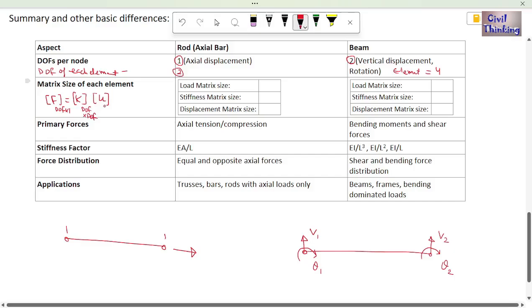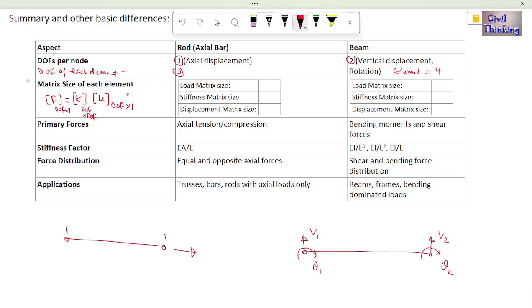And for the displacement matrix, the order is degree of freedom times 1. I have also made a video lecture on this, you can watch that. This is the reason I always suggest you watch my video lectures in sequence in the playlist, because in each lecture I say something. If you follow the playlist, that would be better for your understanding.